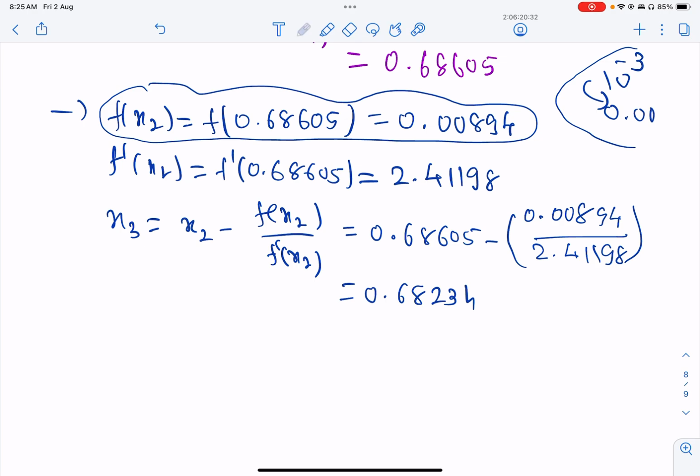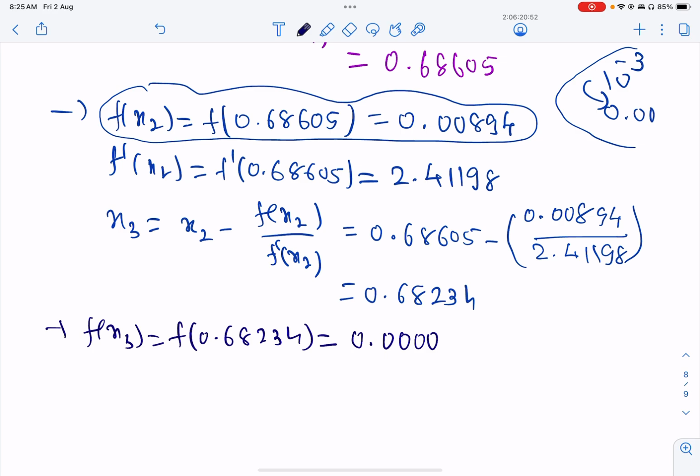Now next step is find f of x3, that means f of 0.68234. Use the calculator and you will find that it is 0.0000028.